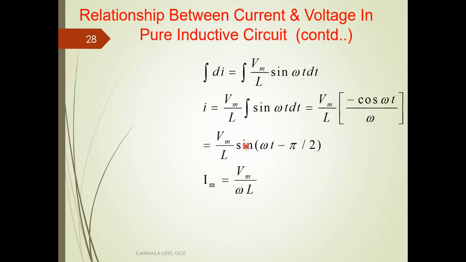The minus cos omega t I can write as sin omega t minus pi by 2. So omega will come out. V maximum by omega L is the I maximum value. So I is equal to I maximum sin omega t minus pi by 2.